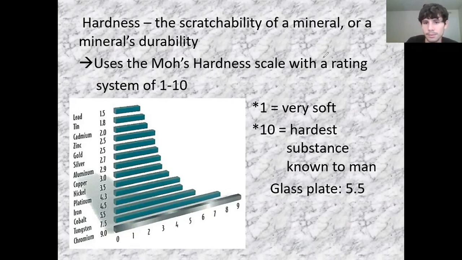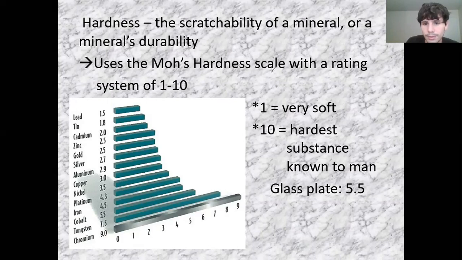So we'll just do this right here. Say you have this red mineral here. Make it a nice big square. And say you take your fingernail. Or no, let's use a glass plate.